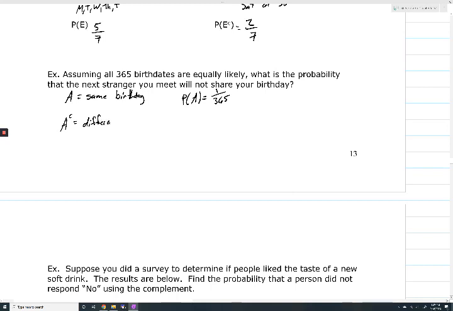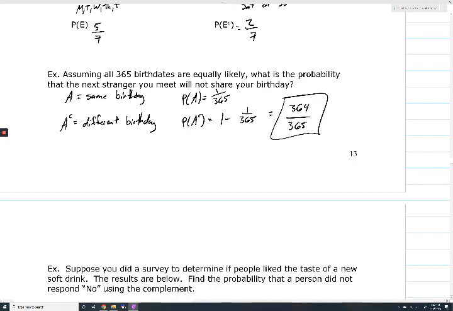You have a different birthday. How do we find the probability of that complement? Well, the probability of that complement is equal to 1 minus the original probability. And so that gives us our answer: the probability that the next stranger you meet will not share your birthday is 364 out of 365, which is 0.9973.